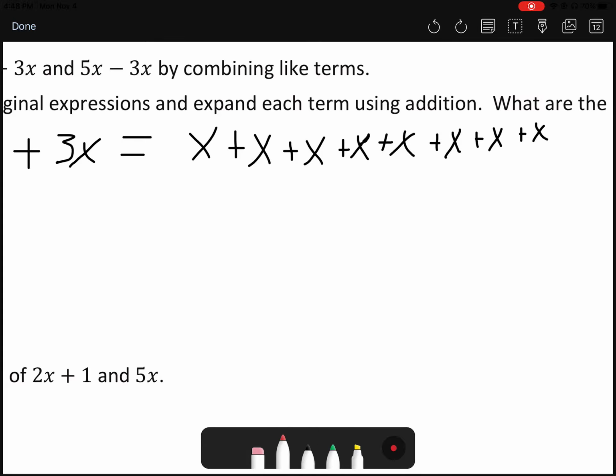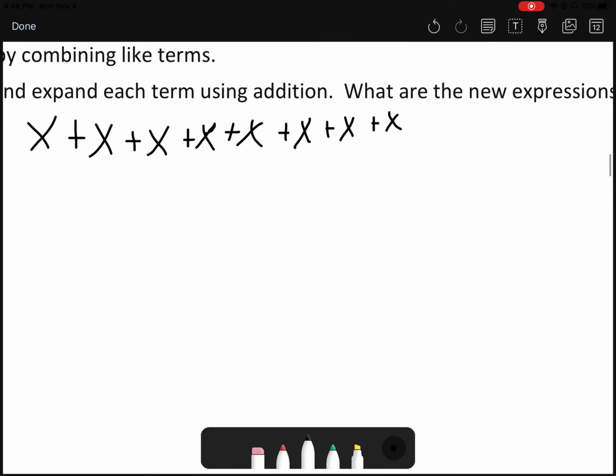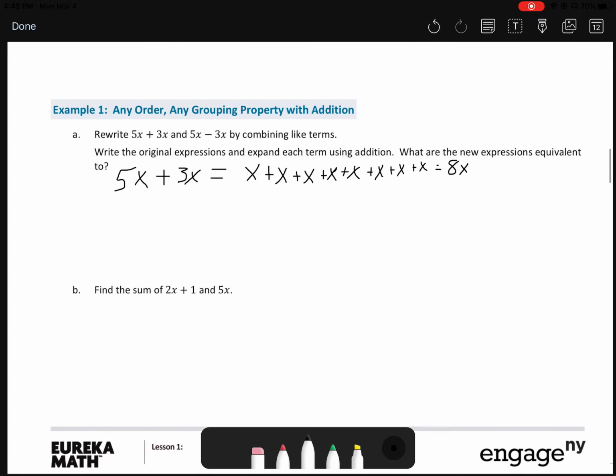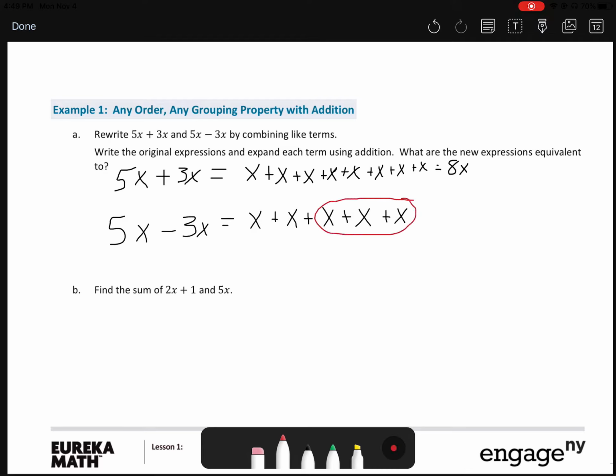And I know that my answer is 8x. I can rewrite 5x minus 3x by doing the same thing. 5x would be 1, 2, 3, 4, 5. And I'm going to take away 3x. So I'm going to take them away, and I'm left with 2x.